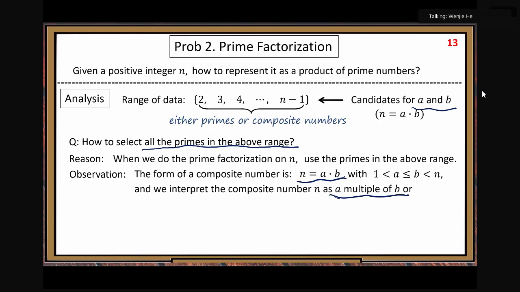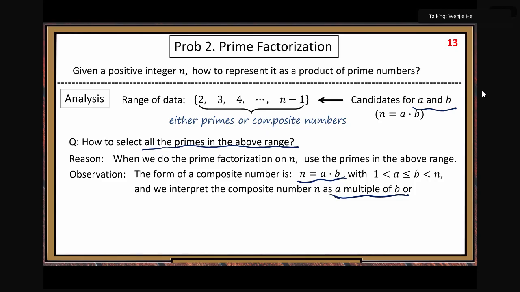Now we interpret this form. How do we interpret this form? We say n is a multiple of b, some integer multiple of b. That's one way to view it.